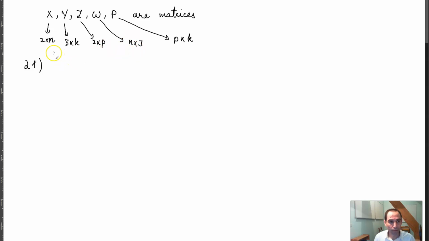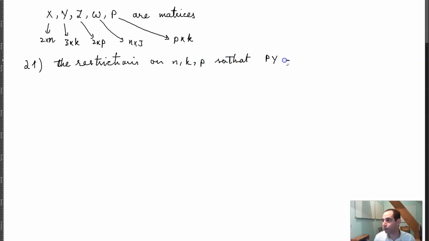So we want to know the restrictions on n, k, and p so that PY plus WY is defined. So first of all, PY plus WY is defined.